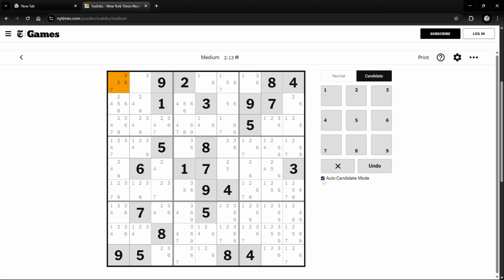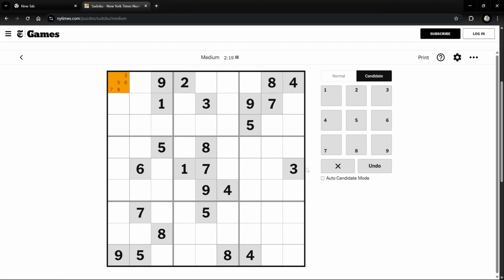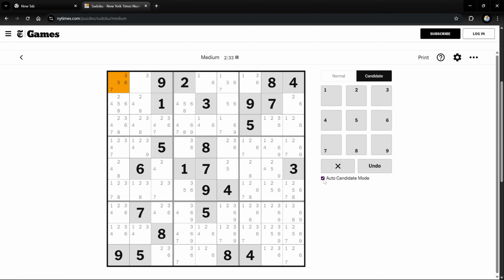Oh, okay. So as you can see, it was different from what I did, which means that I made a mistake. There's an 8 here, so this is not 8. So you can use auto candidate to check if you manually did your candidates correctly. So now, okay, it's the same.